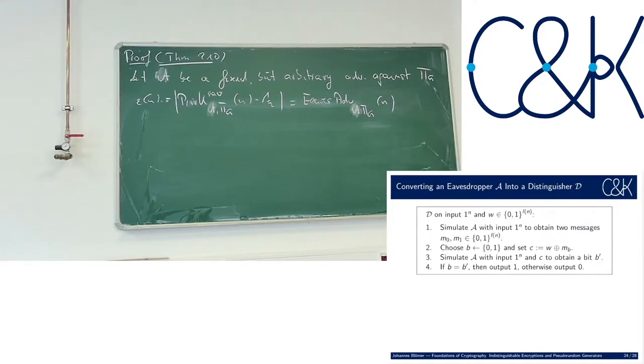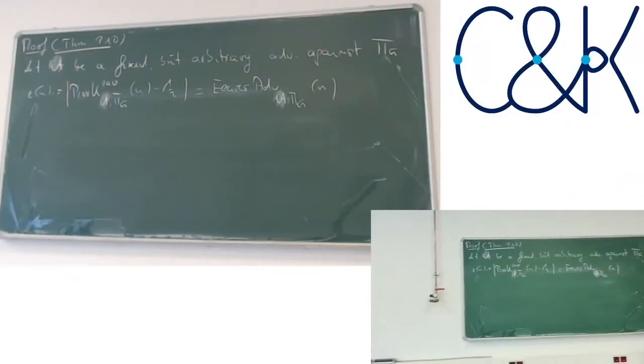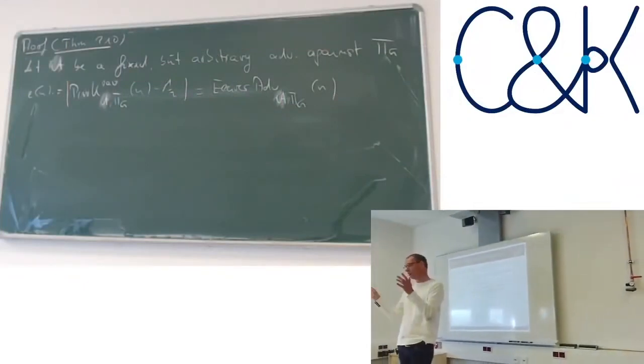Well, that's how the input looks for a distinguisher. It just gets a security parameter and a bit string of a certain length, namely L of n.